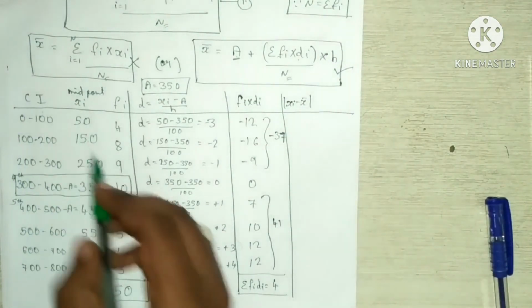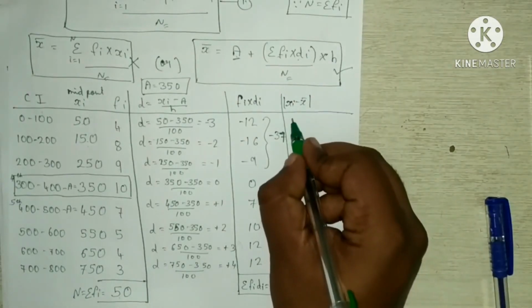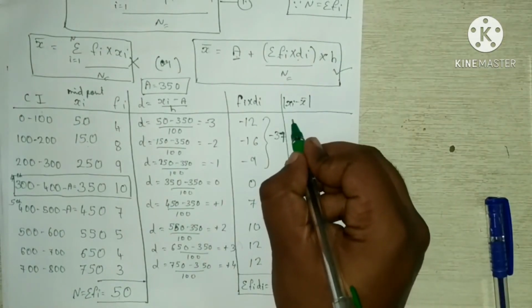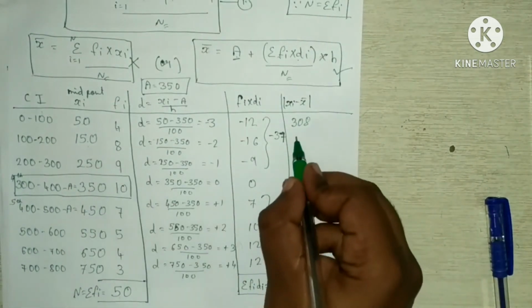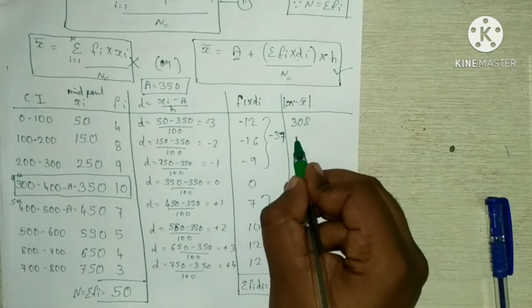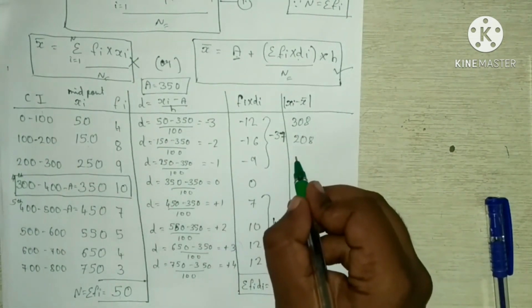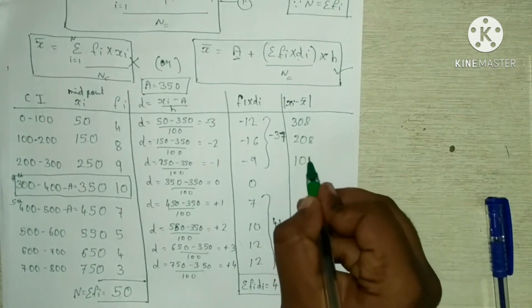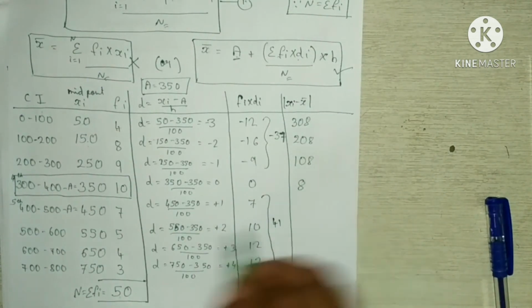Xi is given. 50 minus 358 is 308. Next, 150 minus 358 is 208. 250 minus 358 is 108. 350 minus 358 is 8.